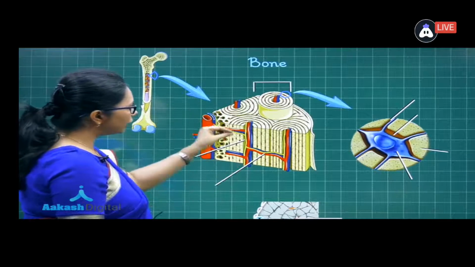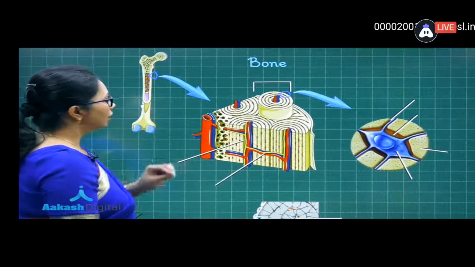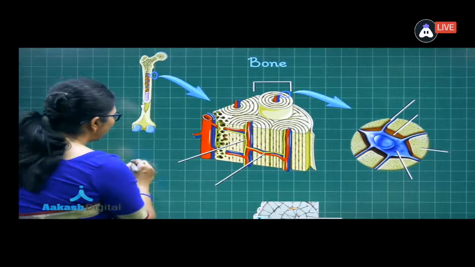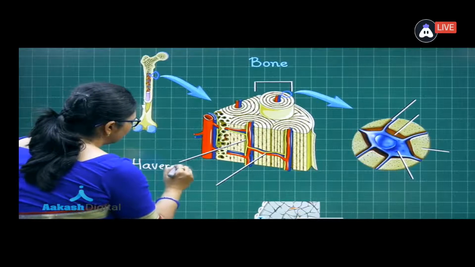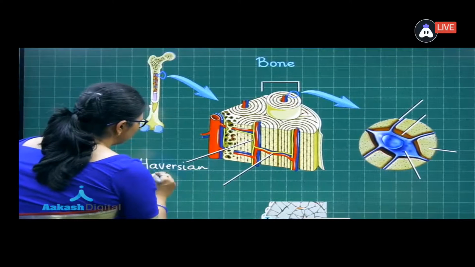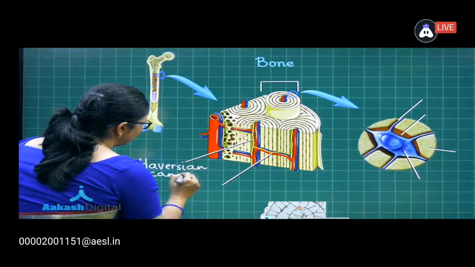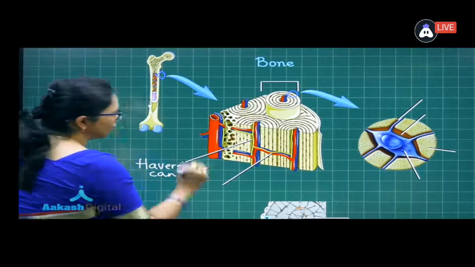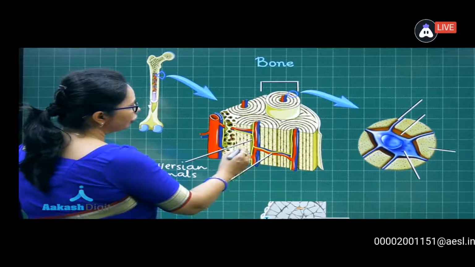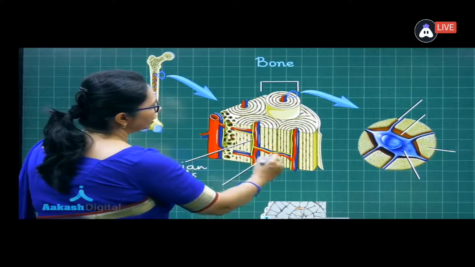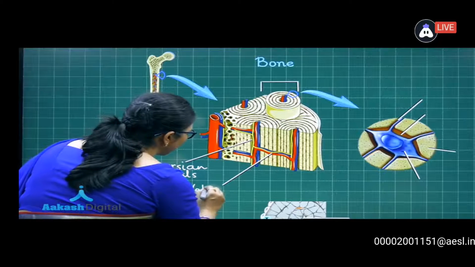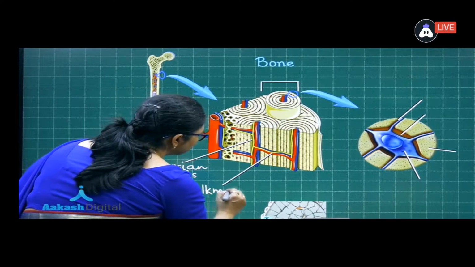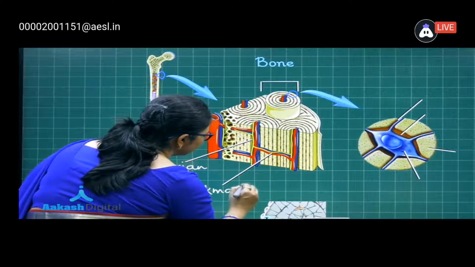These longitudinal canals are called Haversian canals. And these Haversian canals are connected by transverse canals, and these transverse canals are called Volkmann's canals.